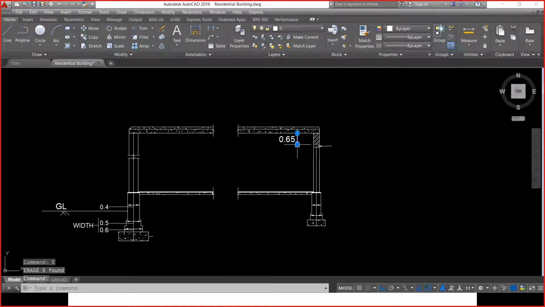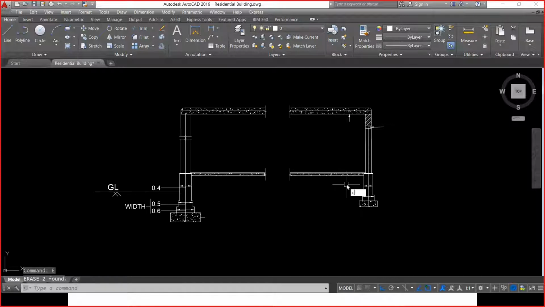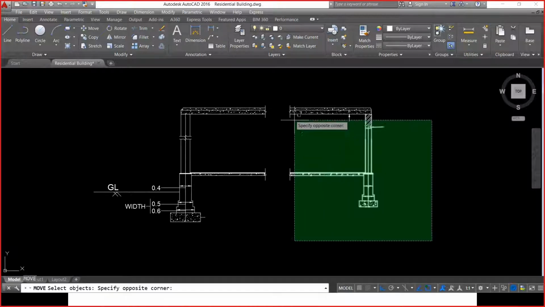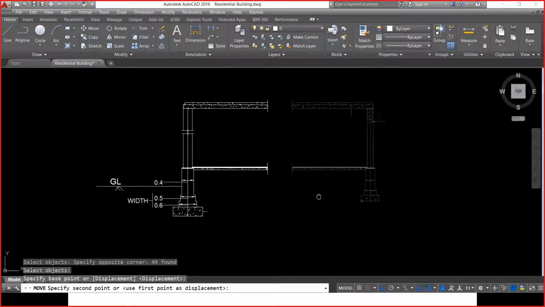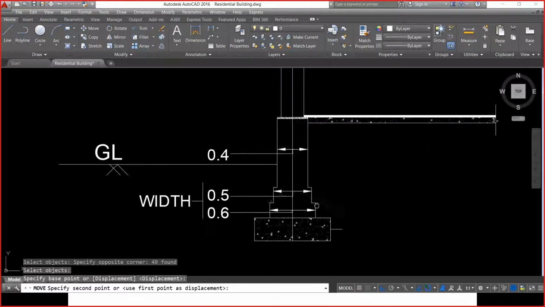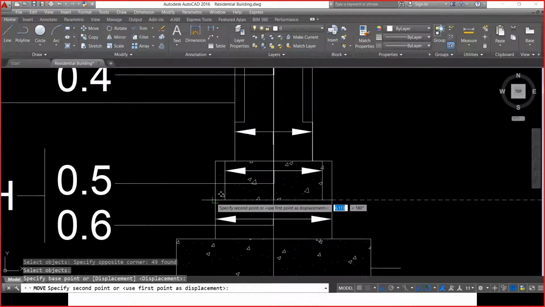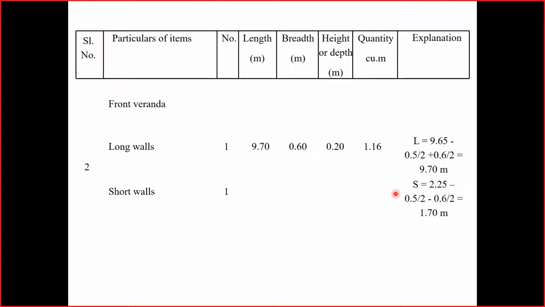Now, if we look at these things, I'm going to move the bottom of the lime concrete of the partition wall and overlap that with this area. You can observe it is overlapping with the second layer of footing. So I am deducting the second layer again.